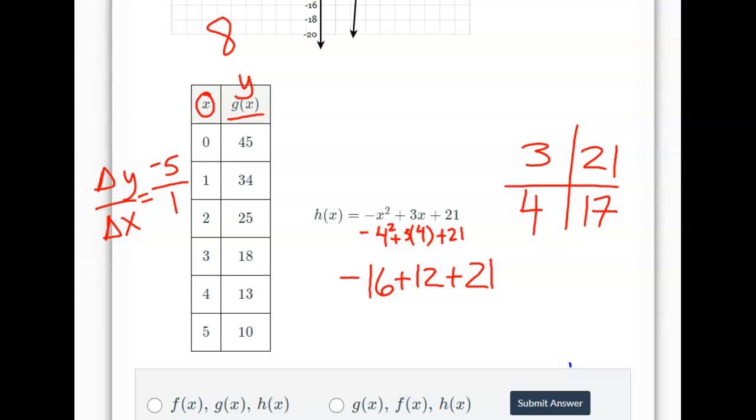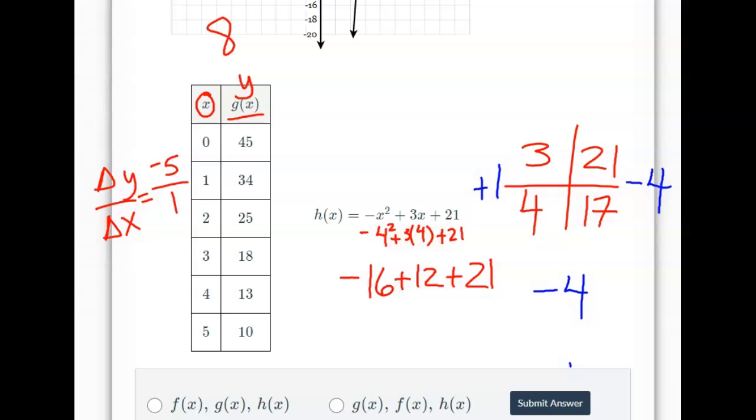And now I have my two output values, so I can measure change in y, which is down 4. And my change in x was +1. So that overall average rate of change is -4. So now I have my 3 average rates of change for these functions.